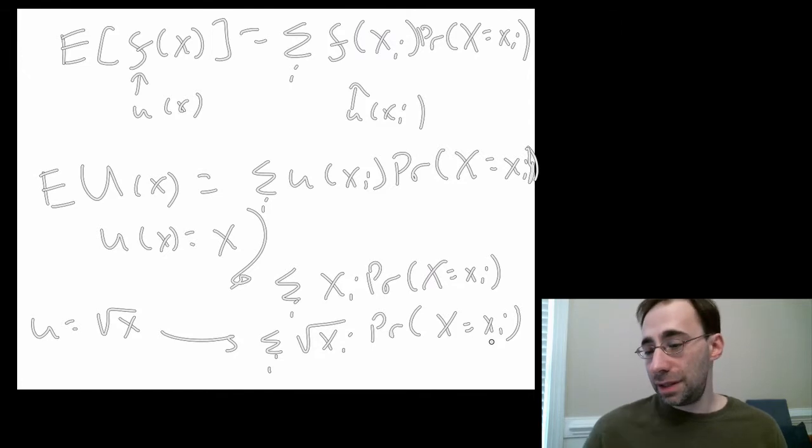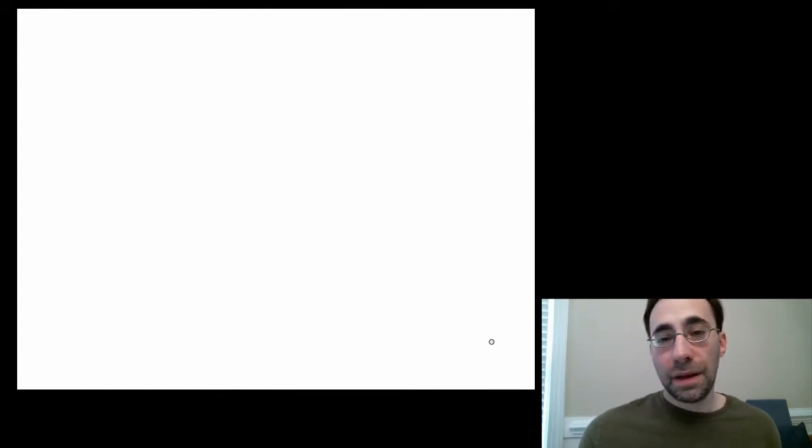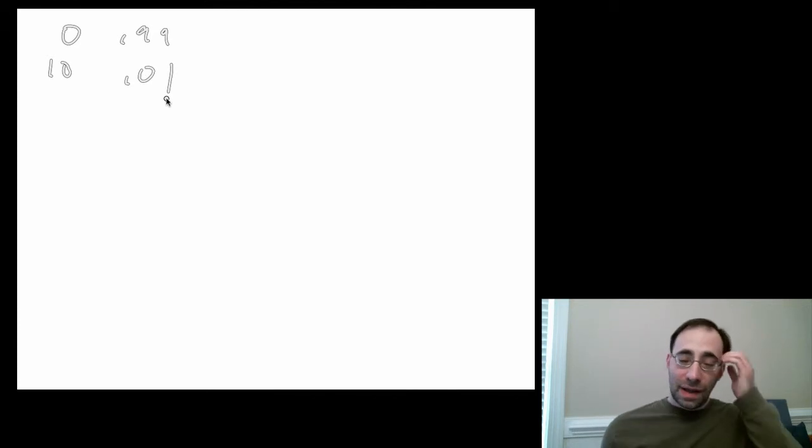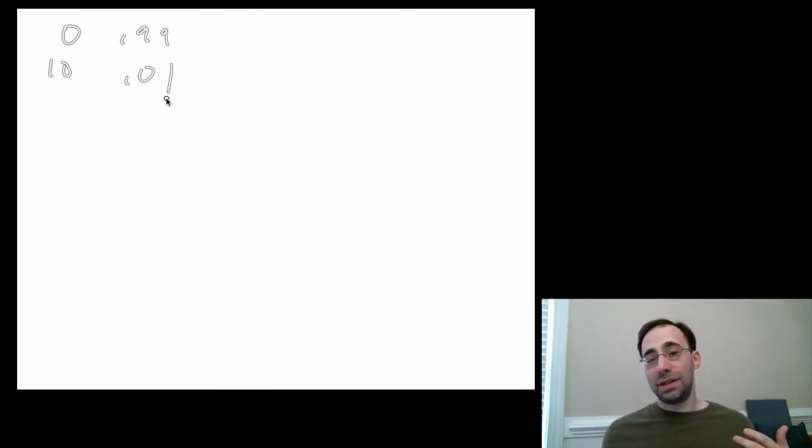Now, I've already done some of these examples before. For instance, we did the lottery example where you won 0 with 0.99 and you won 10 with 0.01. And the expected value of that lottery was 0.1. Well, if your utility is equal to x, then your expected value is your expected utility. In that case, all you're doing is calculating your expected value to figure out how much you value this particular lottery.